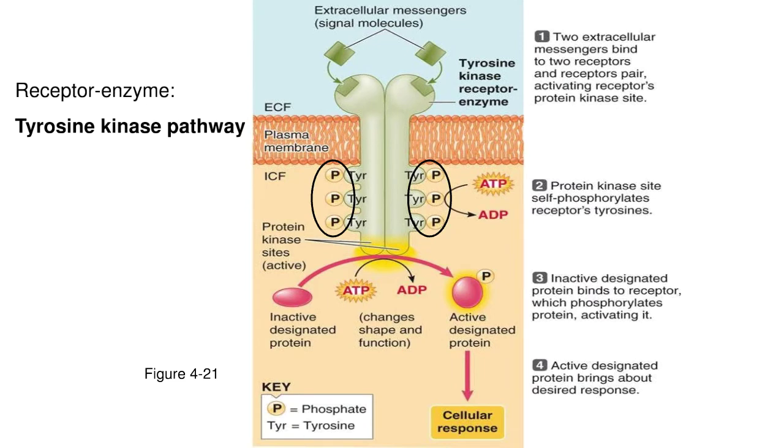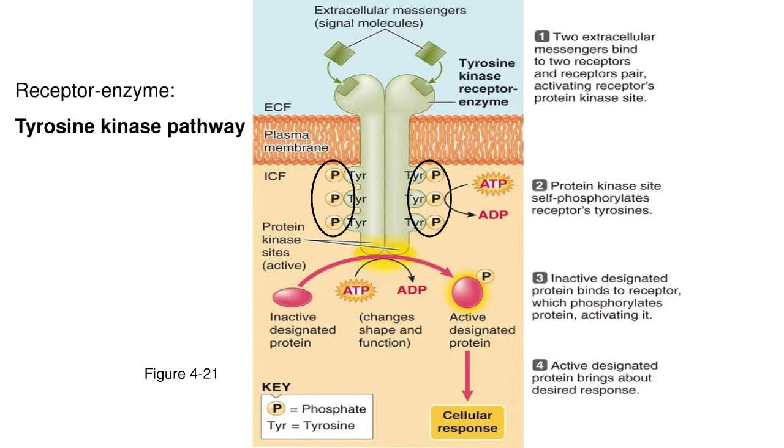Okay, here's a specific example of this type of receptor enzyme. So this pathway is called a tyrosine kinase pathway. And so again, it's specific. This is an actual type of receptor enzyme complex, a tyrosine kinase receptor enzyme. So you can see on the extracellular side, there's actually a double receptor. We had seen this a little earlier as well. The receptor side requires the binding of 2 first messengers, or 2 signaling molecules.